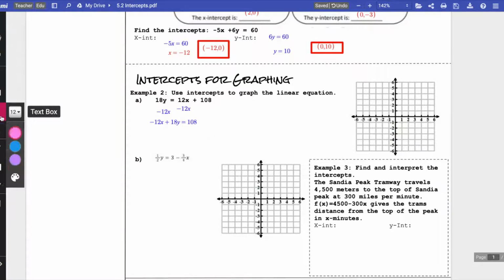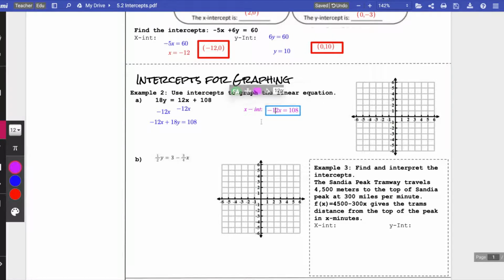I'm going to start by finding the x-intercept. The x-intercept is going to be negative 12x equals 108. Divide by negative 12. x is going to equal negative 9.